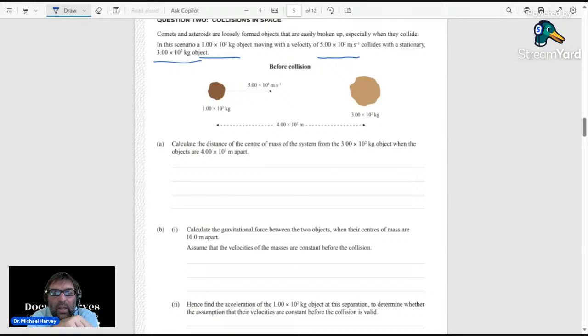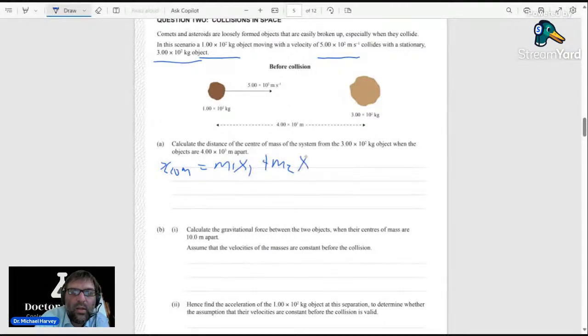Calculate the distance of the center of mass of the system. So it's the center of mass equation straight from your formula sheet, so we'll just plug it in. XCOM equals M1 X1 plus M2 X2 divided by M1 plus M2.